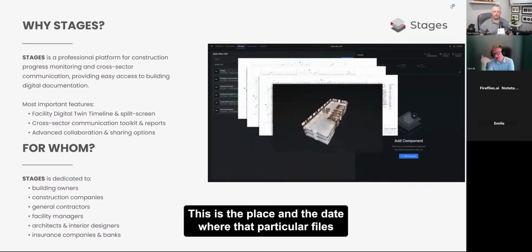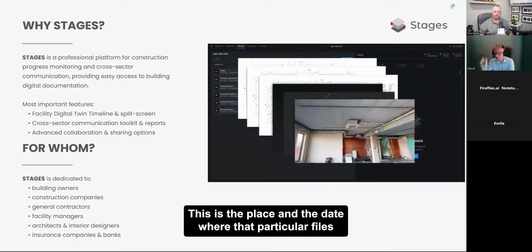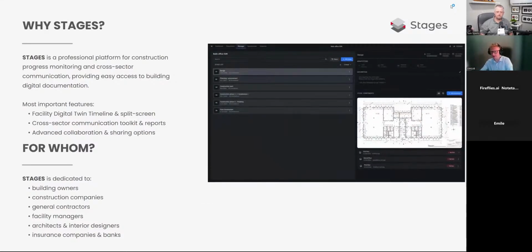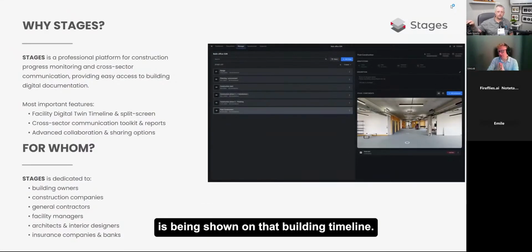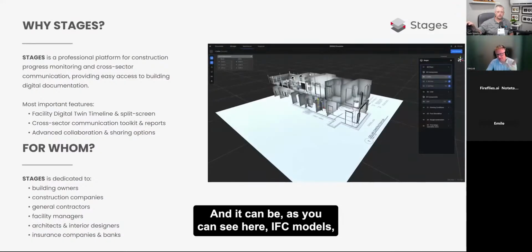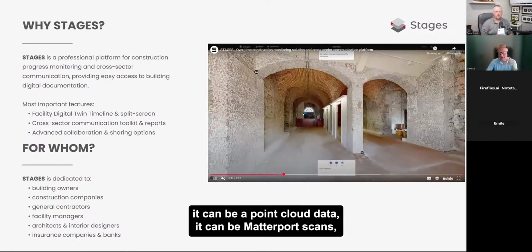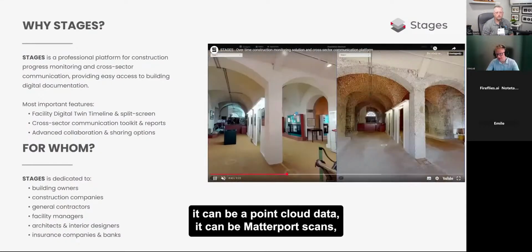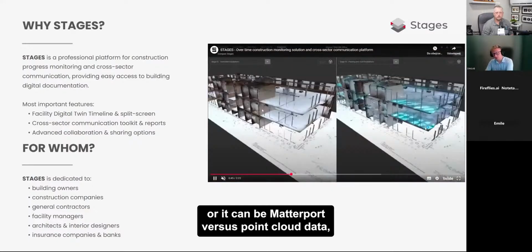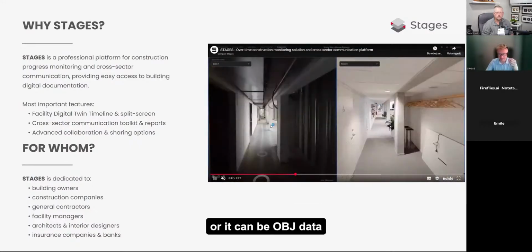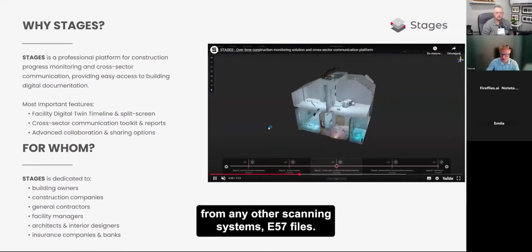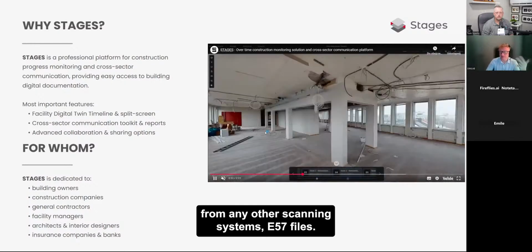This is the place and the date where that particular file is being shown on the building timeline. And it can be, as you can see here, IFC models, point cloud data, Matterport scans, Matterport versus point cloud data, or OBJ data from any other scanning systems, E57 files.